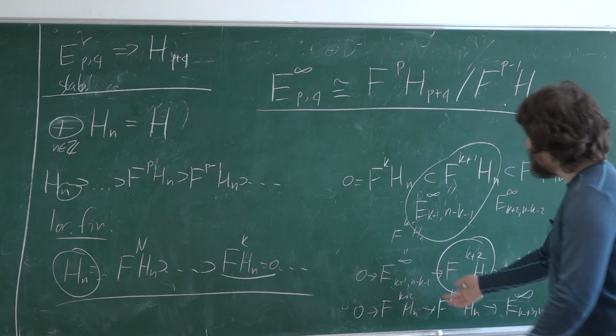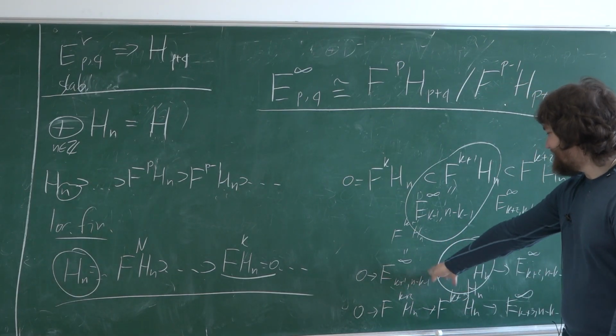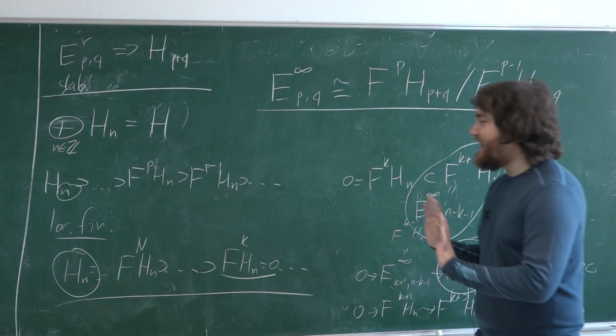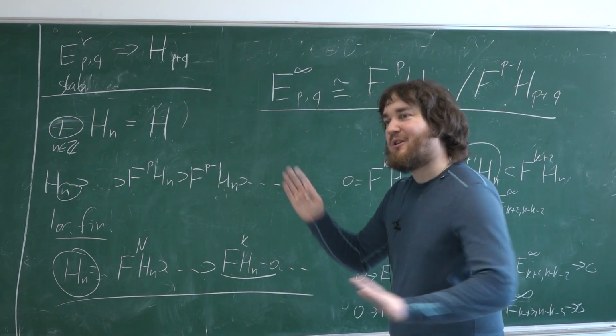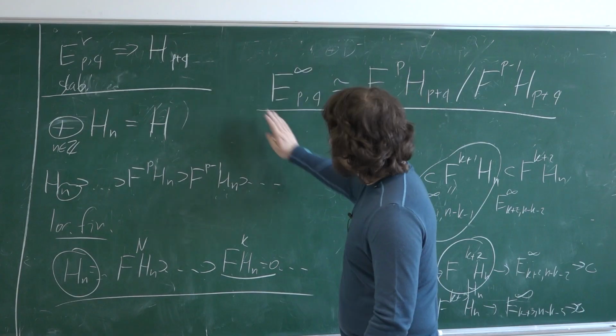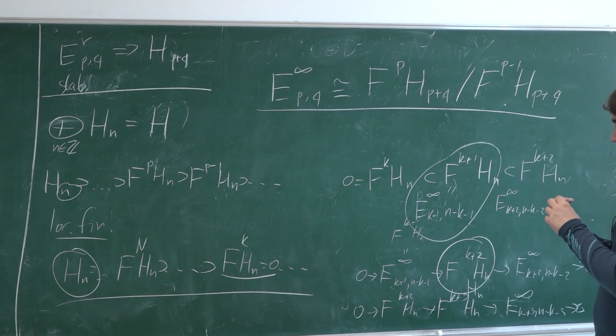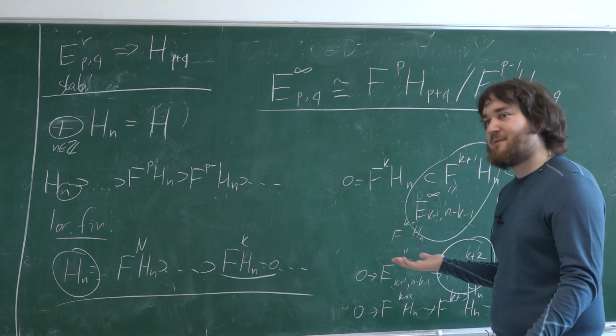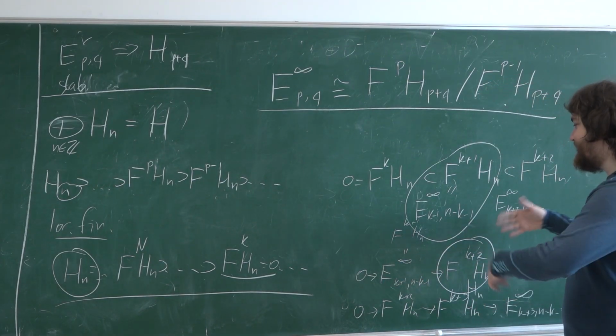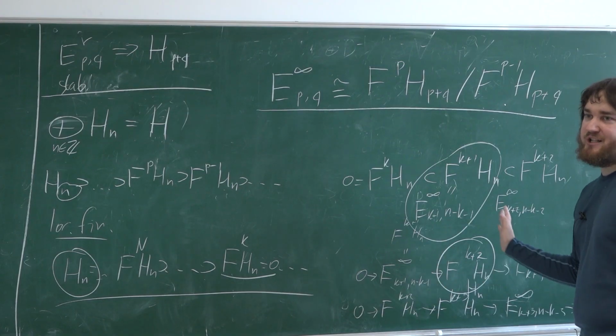Because you're right, I would need to know for different numbers. I assume that we do all infinite steps and we know the whole infinity page. Then we can start to say something. Of course, if you don't know the whole infinity page, we can't say something about each filtration, each graded piece. You're right.